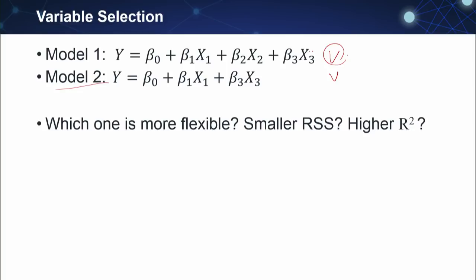Then which one will have the smaller RSS or higher R square in the given data set? Since the flexible model is usually expected to fit the given data set better, probably model 1 is going to have the smaller RSS and higher R square.